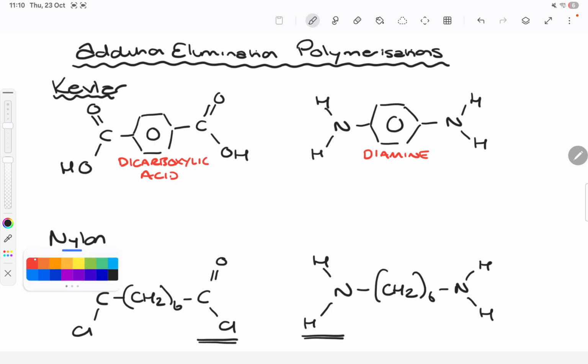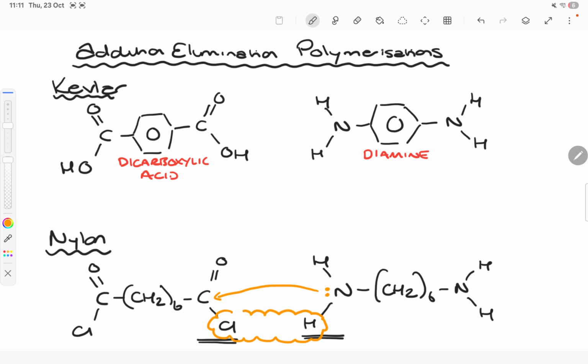Now what we can immediately hope to see is a lone pair of electrons on this nitrogen, which can theoretically attack here, which will then set up the addition elimination mechanism as we've seen in previous clips, which would, as before, eliminate this HCl molecule as an overall product.